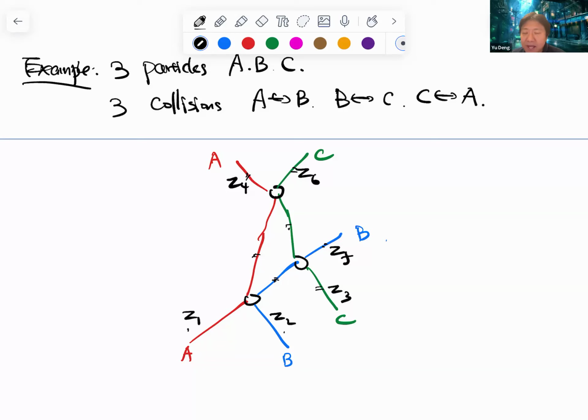But as I just explained, we are actually not doing this. What we are doing is including not only Z1 to Z6, these initial and final velocities, we're including all the intermediate velocities. This includes, for example, Z7, Z8, Z9.